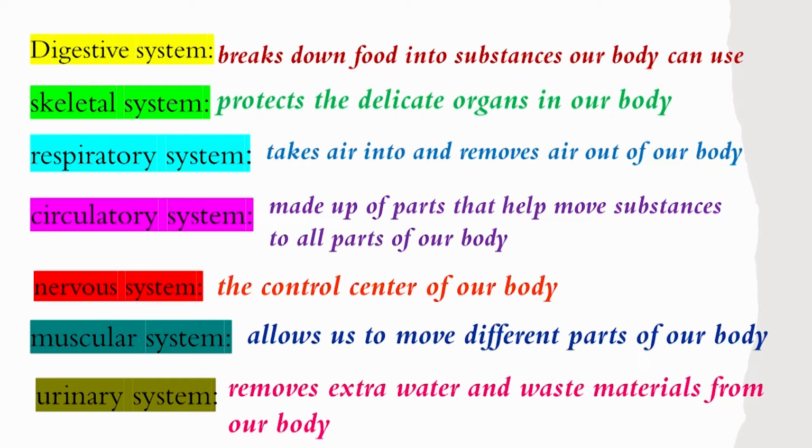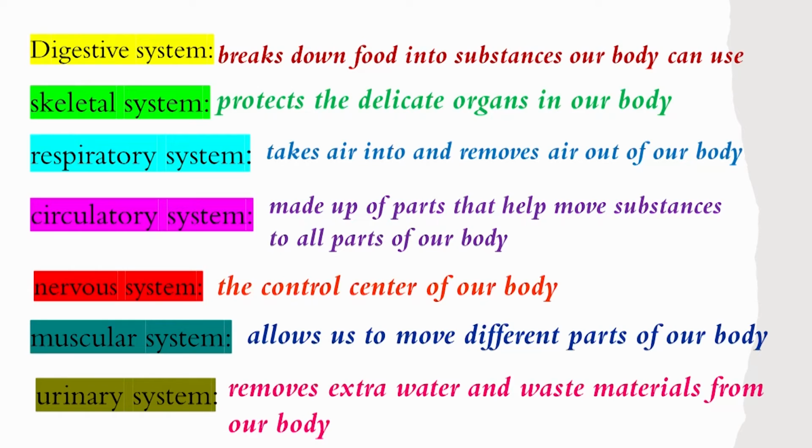For example, the digestive system breaks down food into substances our body can use, right? The skeletal system protects the delicate organs in our body. The respiratory system takes air into and removes air out of the body. The circulatory system is made up of parts that carry substances to all parts of our body.